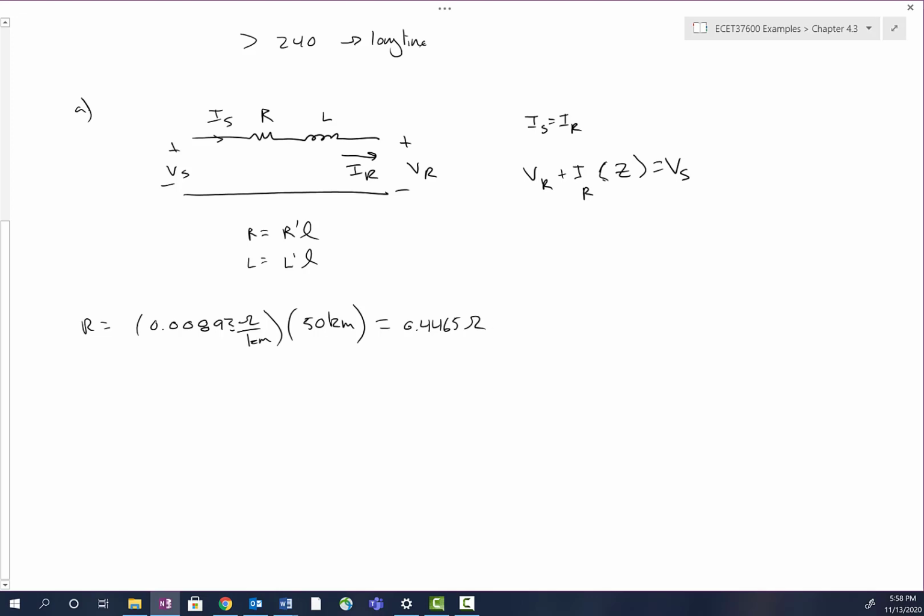And then we want to know this value right here, jX sub L. So jX sub L is just going to be equal to j times whatever the X sub L prime value was. That was 0.5858 ohms per kilometer, again times 50 kilometers. So that gives me the value of j29.29.